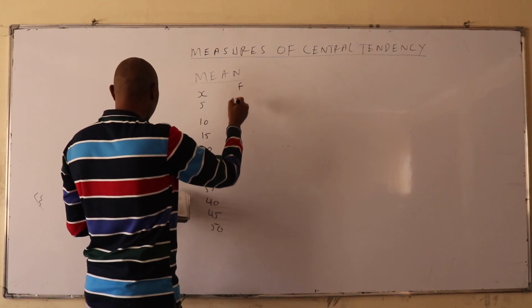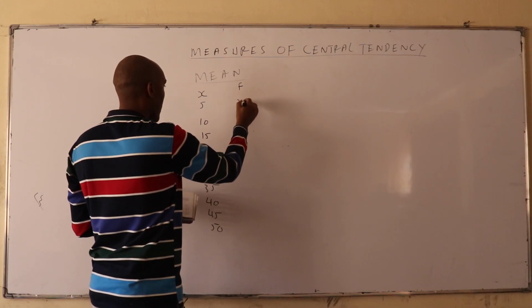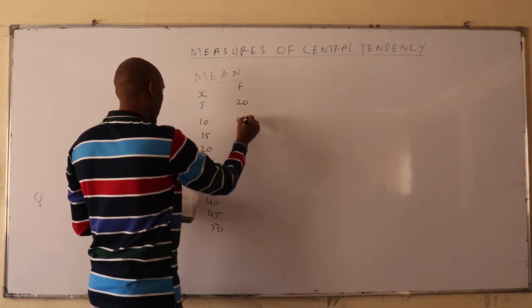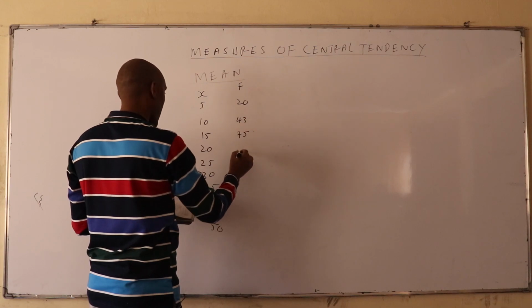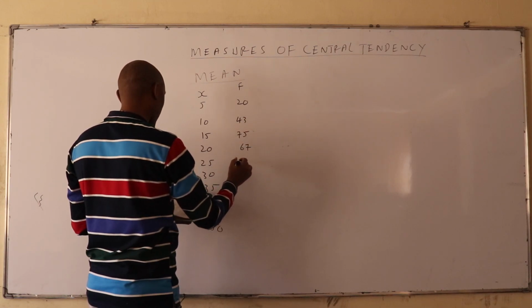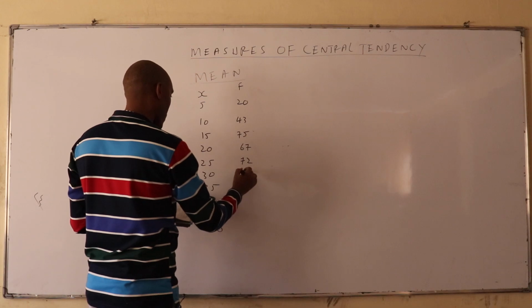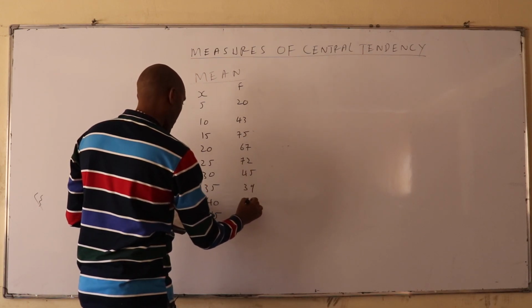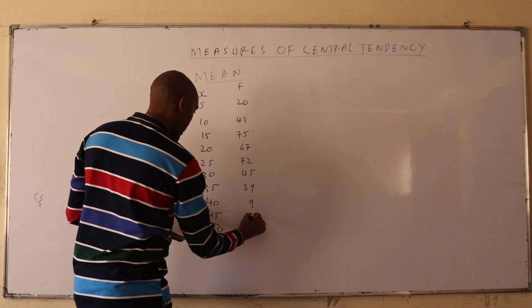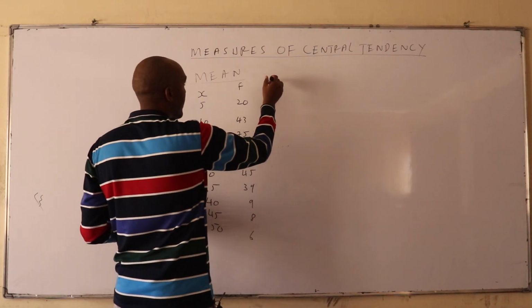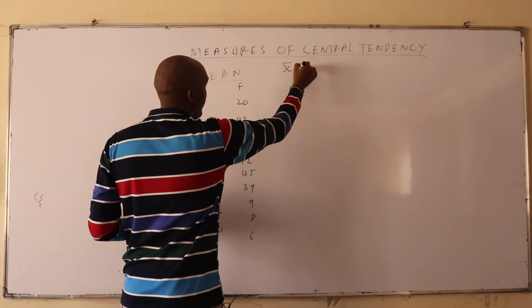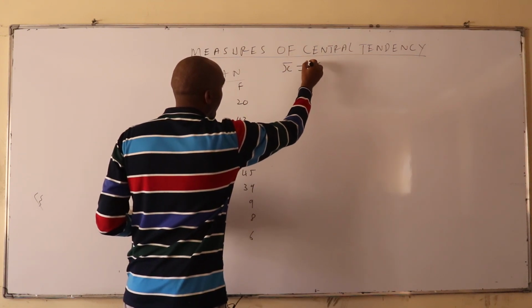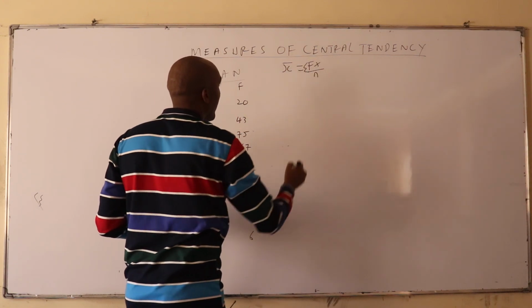Our frequency is going to be 20, 43, 75, 67, 72, 45, 39, 9, 8, 6. Now our formula says mean equals summation of fx over n.